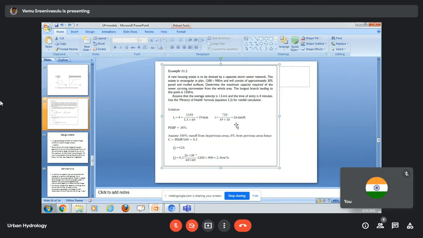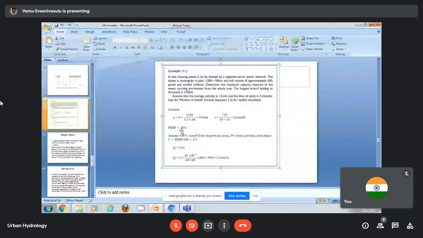So the intensity can be calculated using IDF curves. If you have an IDF curve, from that you can determine the intensity. You will see that later. There is also a formula to calculate the intensity.